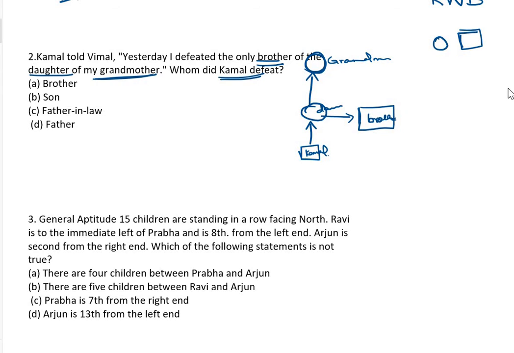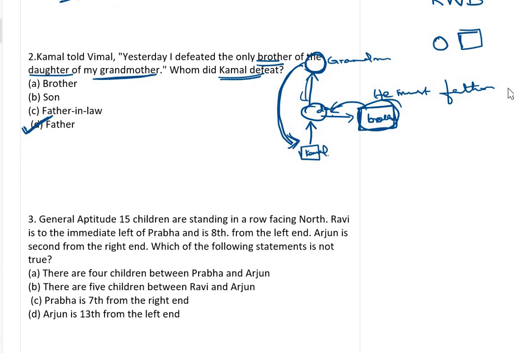Grandmother is given, so the third generation must be the father. It is the sister of my grandmother, the only son. Otherwise we could choose the other option. Here it is the only son, therefore father. Answer is father.